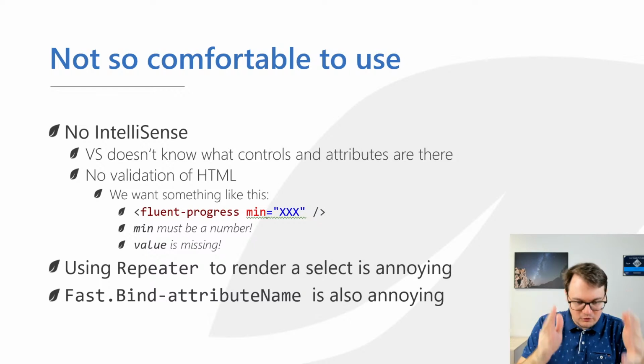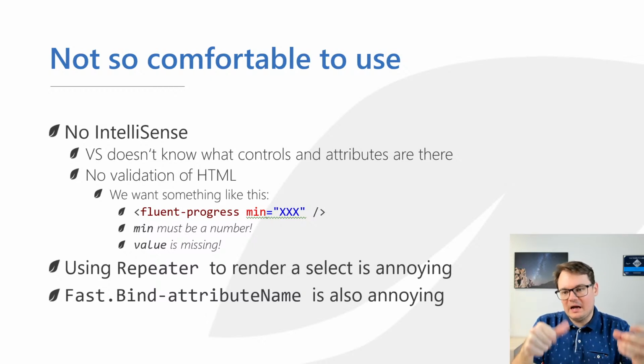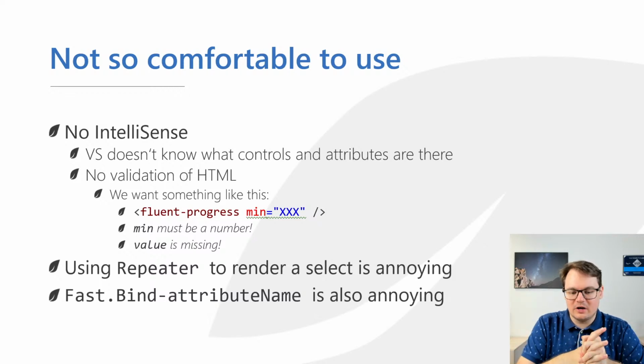The code in the Fluent UI is annotated, so I think that there will be a way to provide this metadata, but right now I haven't seen any way how you can actually get IntelliSense for it. It's technically possible, and I believe that in the future it will be available, but right now it's not.